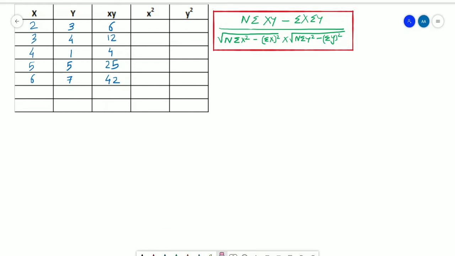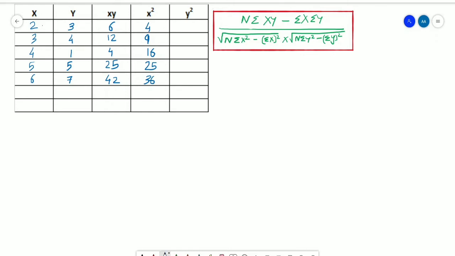Now the next step is calculating x square and y square. For x square it will be 2 multiplied by 2, that is 2 square, 4, 3 square is 9, 4 square is 16, 5 square is 25, 6 square is 36. So we have calculated the value of x square.